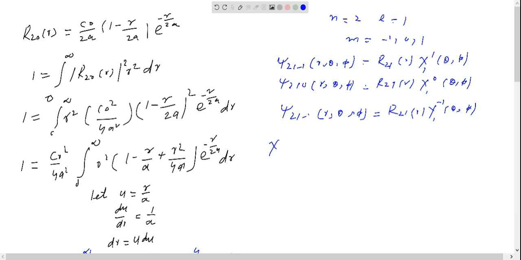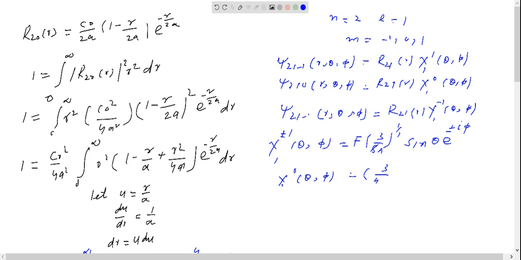We have a formula: Y minus plus 1 1 of theta and phi equal to plus minus under root 3 out of 8 pi sine theta e raised to the power plus minus iota phi, and therefore Y 0 1 of theta and phi equal to under root 3 out of 4 pi cos theta.